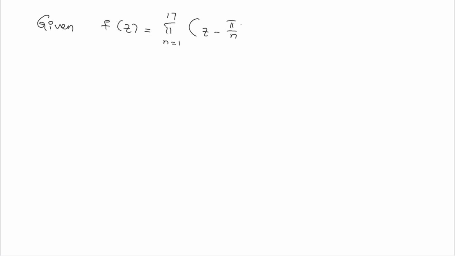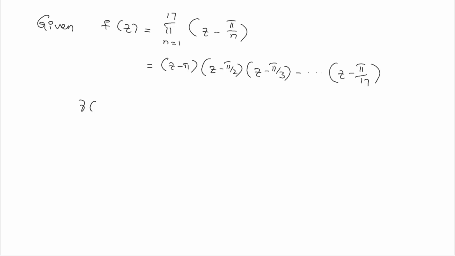By expanding this product, we get the function f of z as z minus pi, z minus pi by 2, z minus pi by 3, and so on, up to z minus pi by 17. All these factors multiplied together are nothing but the given polynomial f of z.